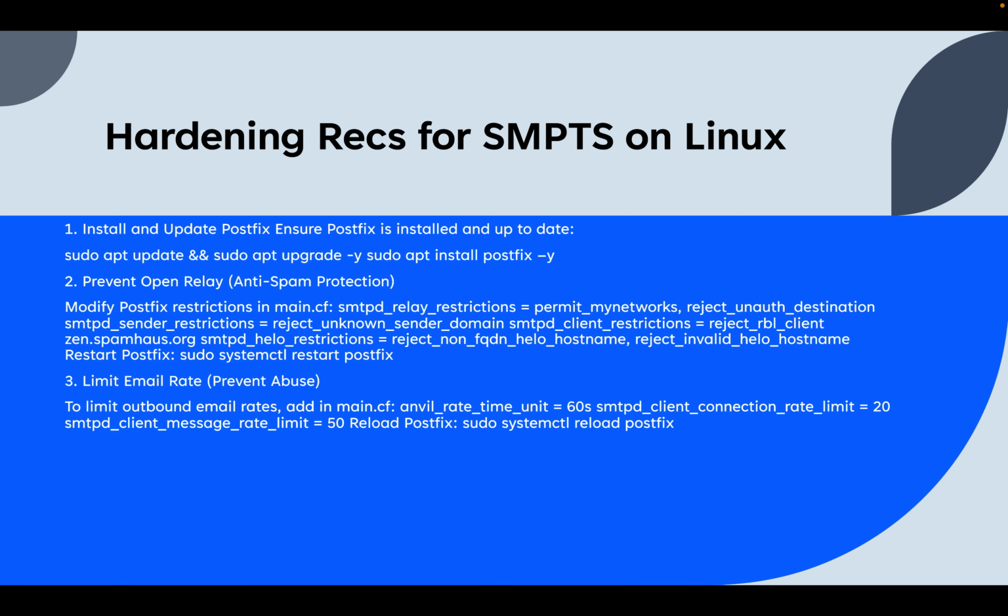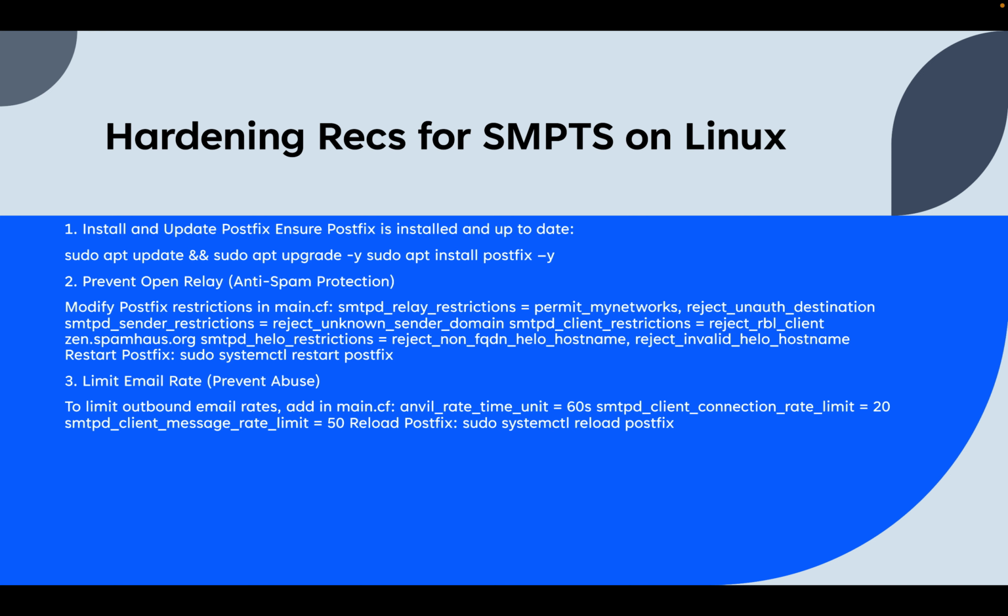So for hardening recommendations for Linux on SMTPS, step 1, install and update postfix. Ensure postfix is installed and up to date. So really just keep postfix up to date, like you want to keep everything up to date.